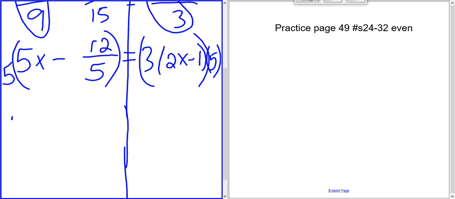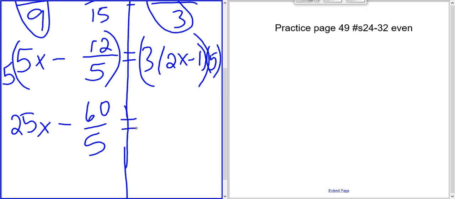So 5 times 5 is 25, so it's 25x. 5 times 12 gets you 60. And then on the other side, we'll just multiply 3 by 5. So 3 times 5 is 15 times 2x minus 1.